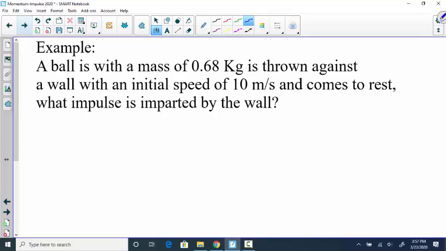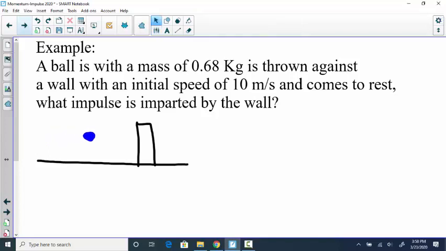Moving on. So here's an example. A ball with a mass of 0.68 kilograms is thrown against the wall with an initial speed of 10 meters per second and comes to rest. What is the impulse imparted by the wall? So here we have our wall, and we're going to throw a ball to the wall, and the ball stops.